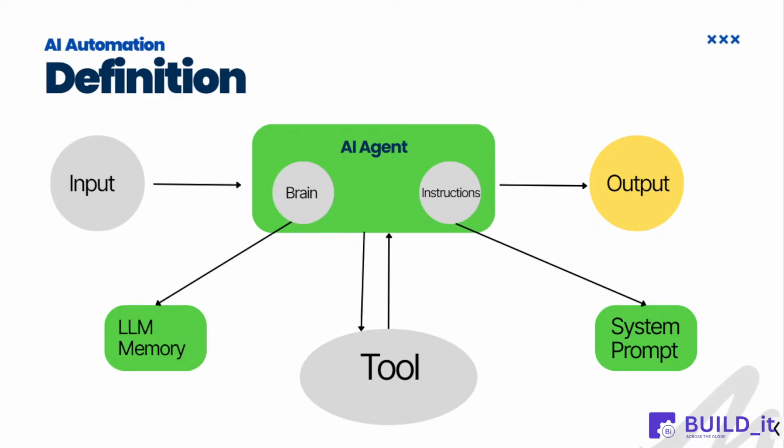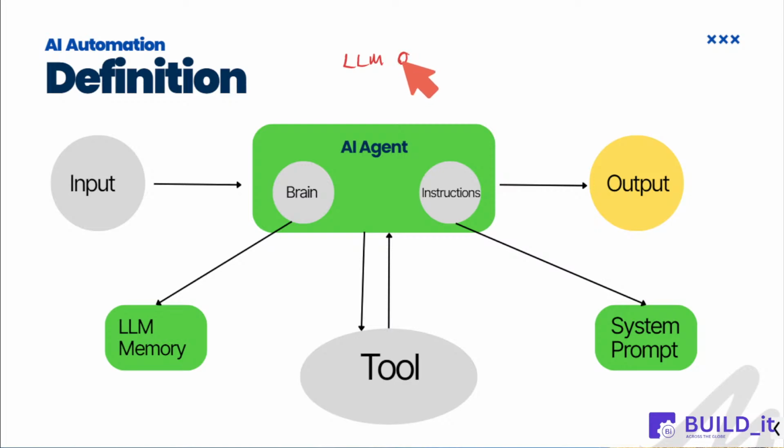Now, the other way to define an AI agent is basically a system where an LLM output controls a tool. So if an LLM output controls a tool, then we say it is an AI agent.